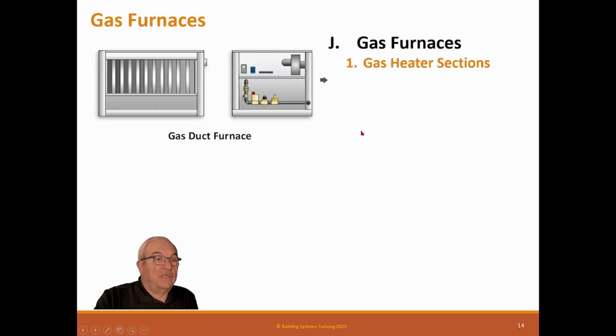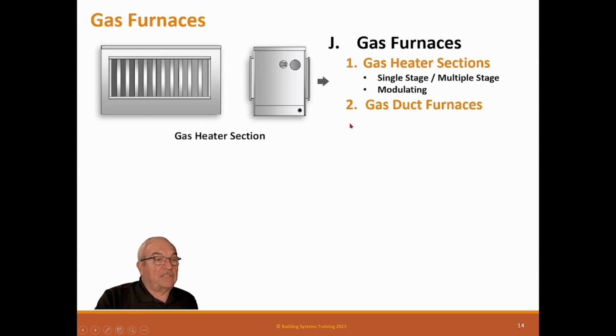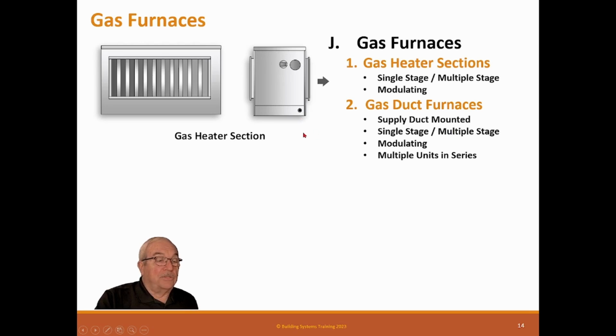Gas furnace. A gas furnace section can be single stage, multi-stage, or modulating, and built inside the air handling unit. You can also have gas furnaces on the outside of the air handling unit. One thing that's interesting about these is they can be supply duct mounted, single stage, multi-stage, or modulating, and you can have multiple units in series.